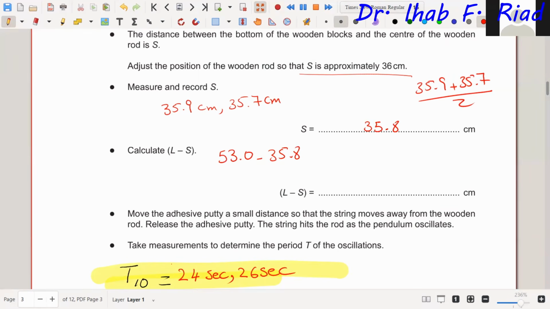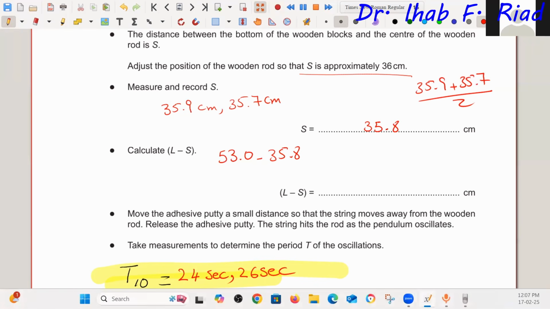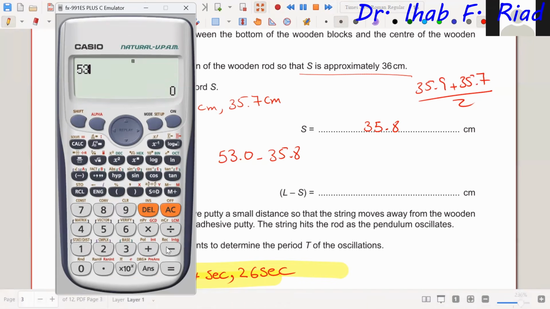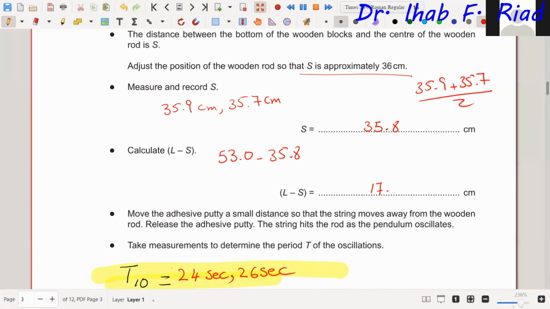What is it going to be? 53 minus 35.8. It is going to be 17.2 centimeters.